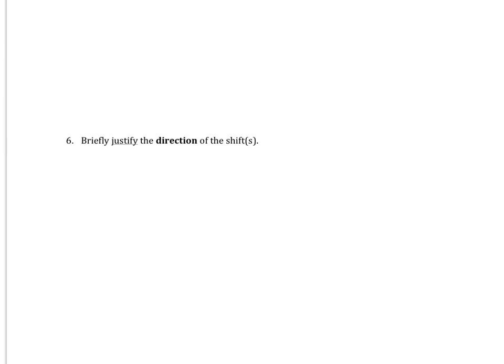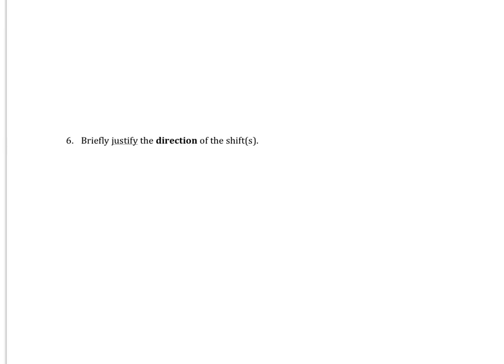So in answering this question, keep in mind that in problem 4 on the previous page, you've already drawn the picture. You've already drawn the curve that's shifted. You've already indicated the direction. So in this briefly justify question, I'm not asking you to repeat what you've already done. You can do that to build towards the justification, but basically you have to explain why you did what you did. So any time you justify the direction of a shift, you're having to use one of the 2 key phrases that we've mentioned in class.